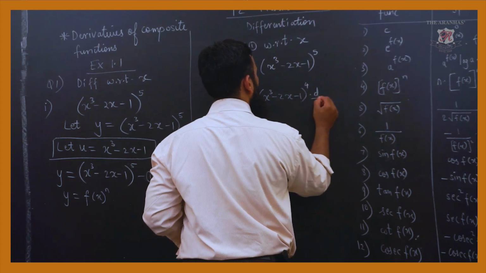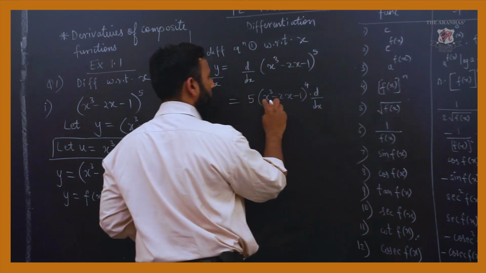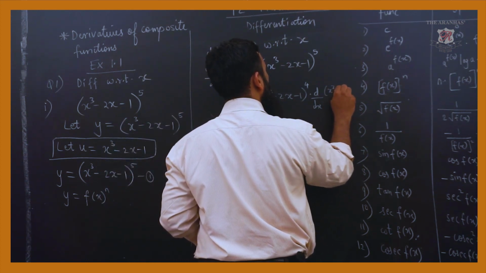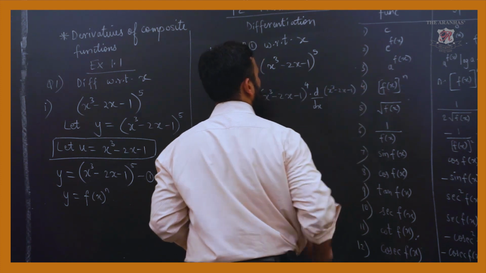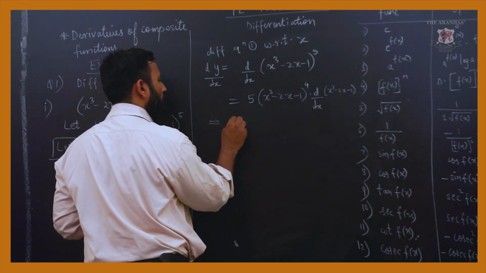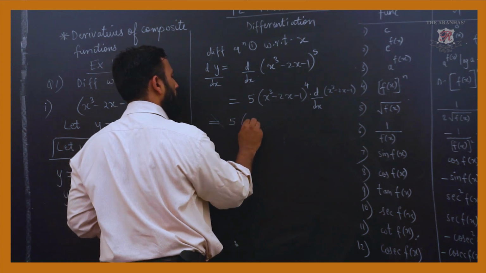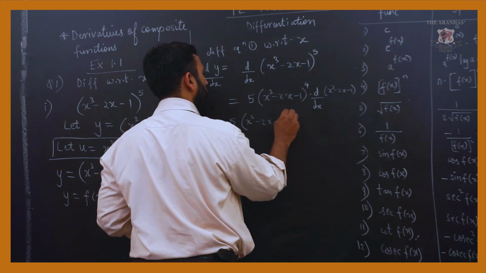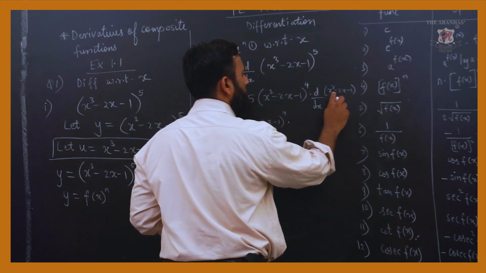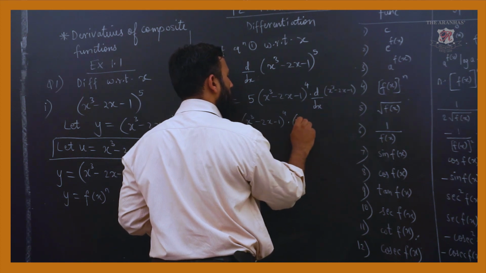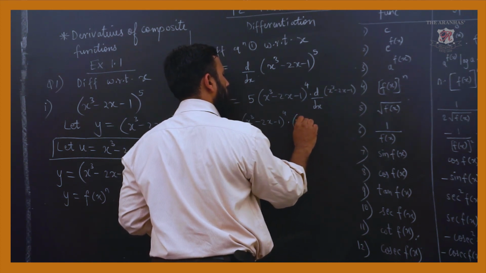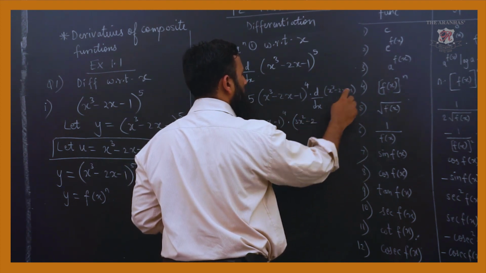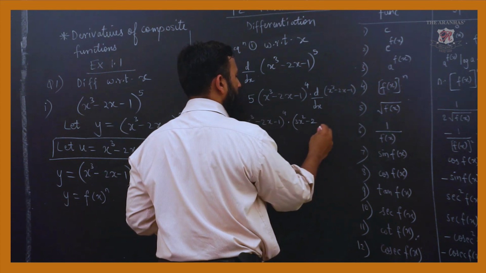And then the main part of a composite function, students, is that you have to take the derivative of this entire bracket, x cube minus 2x minus 1. So the overall thing will look like 5 into (x cube minus 2x minus 1) raised to 4, and then the derivative of this. Here the derivative of x cube will be 3x square, the derivative of minus 2x will be minus 2, and 1 is a constant, so its derivative is 0.